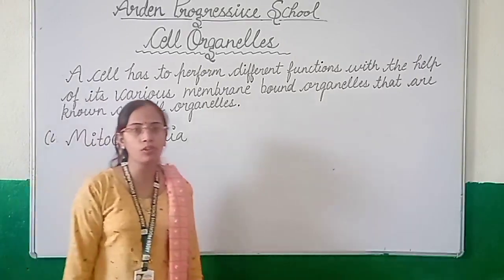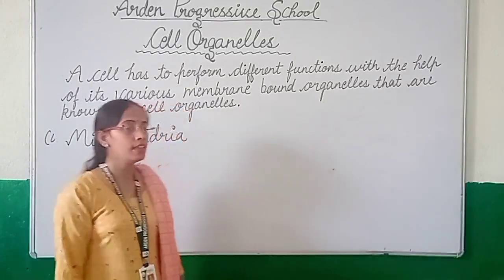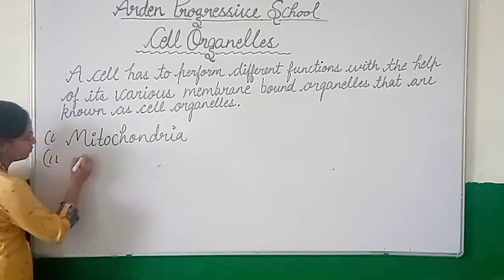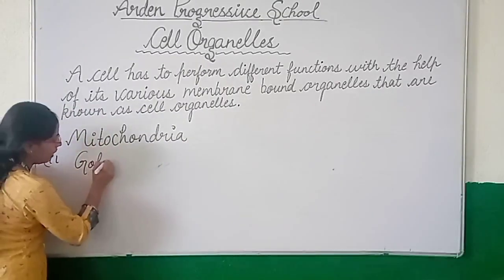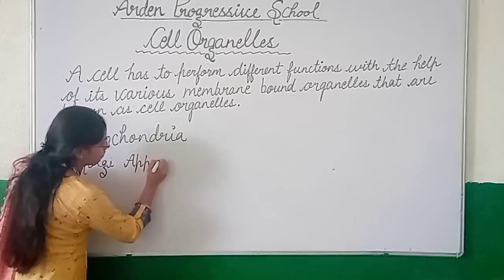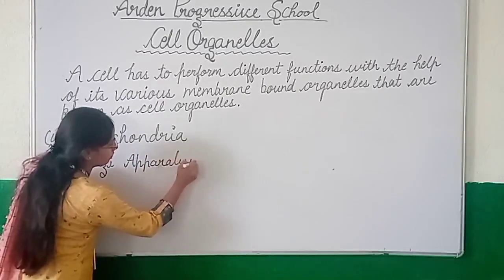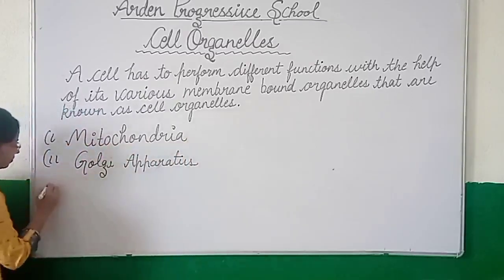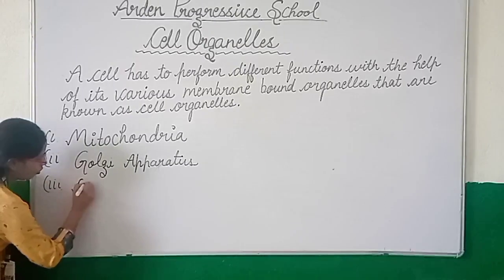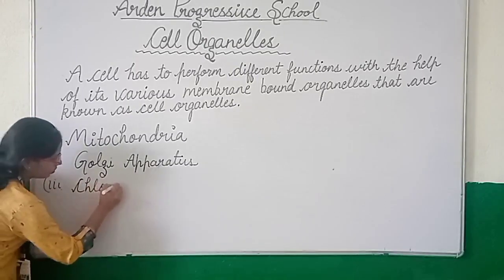Mitochondria is also known as the powerhouse of the cell. And the second is Golgi apparatus. Third one is the chloroplast.